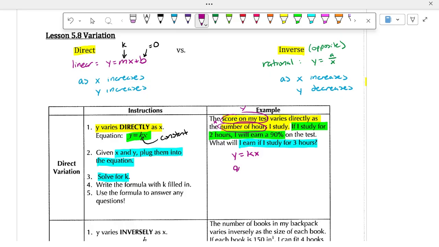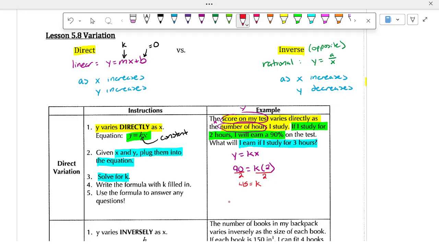So I would get a 90 if it's equal to k times 2. So how would I solve for k? I'm multiplying 2 to k, so how do I get rid of the 2? Divide by 2. So k is equal to 45.